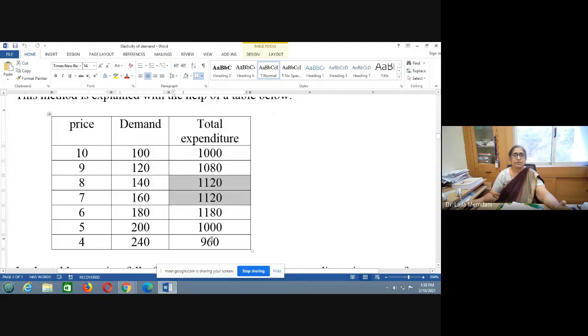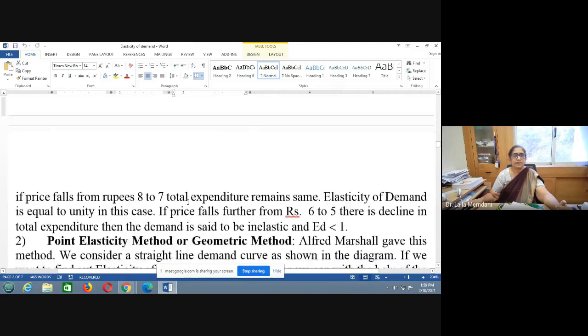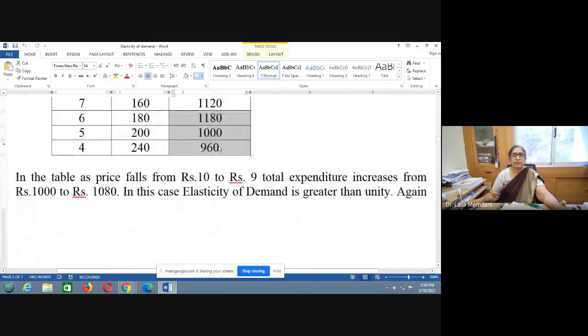There is no change, and therefore demand is said to be unitary elastic, or ED is equal to 1. And in this range, with the fall in price to 6, 5, and 4, total expenditure is declining. So we say that price elasticity of demand is less than 1 in this range.